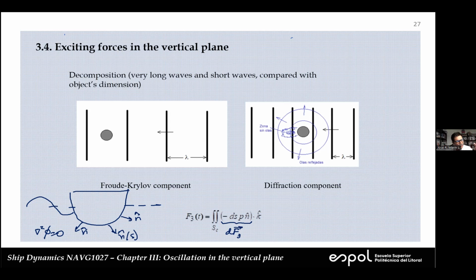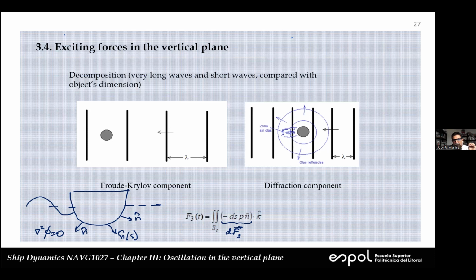And since we want to calculate the force on the object, on the hull, we need to include this negative sign. In some cases, people use the n in the other direction, and in that case, you don't need the negative here. But it's a good idea, because in Bernoulli's equation, there is another negative. So if we can cancel these two negatives, we get a little bit of simplicity, just a little bit.